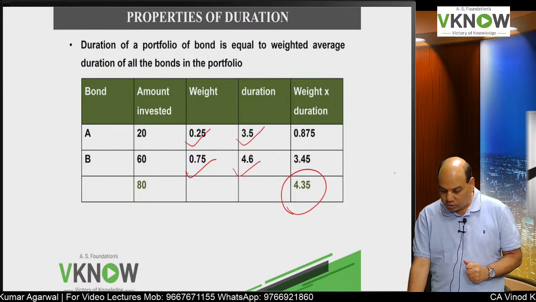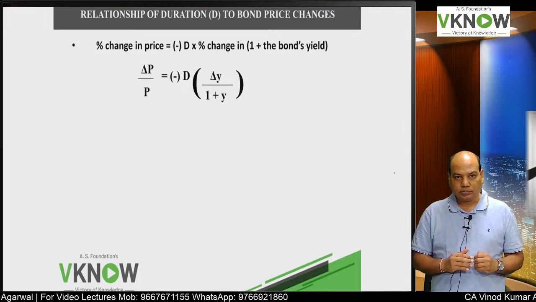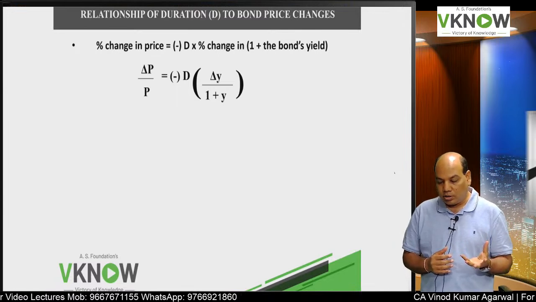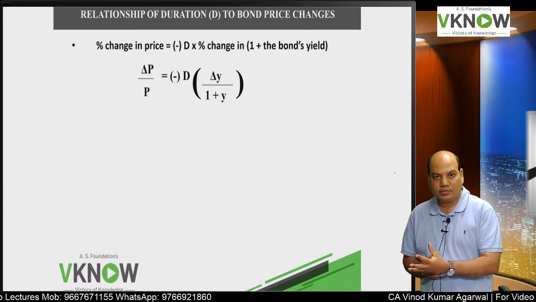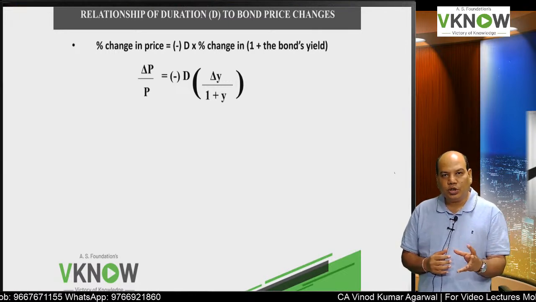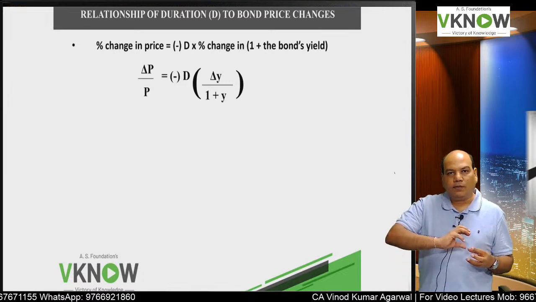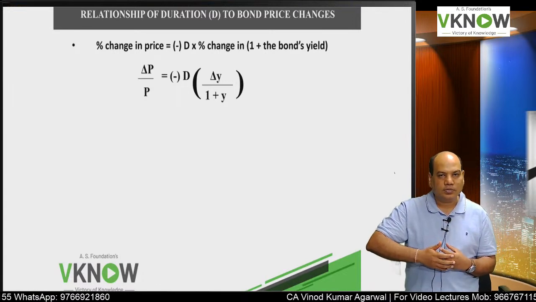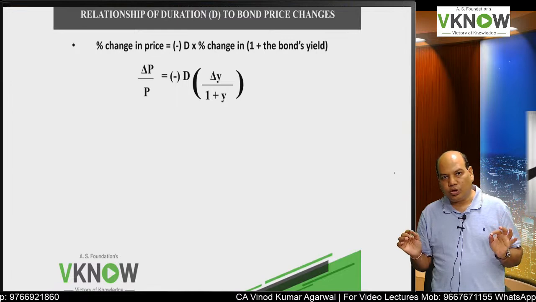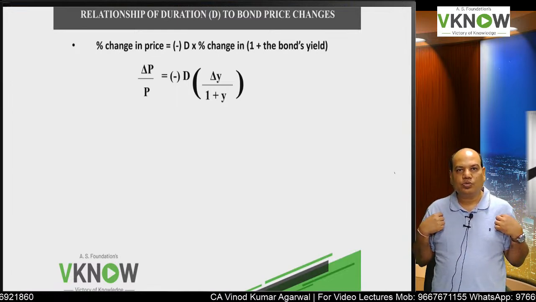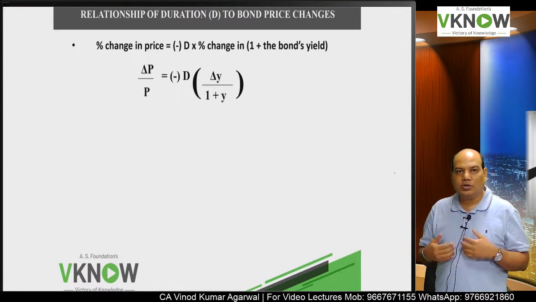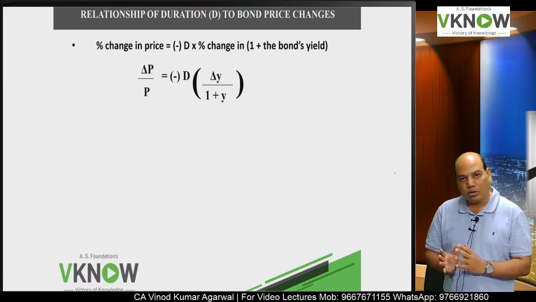Okay. Now the next thing we will learn is the relationship between duration and bond price changes. How the bond price will change if you know the duration of that bond. If YTM changes by 1%, by what percentage the bond price will change if you know the duration. So duration will help us calculate by what percentage the bond price will change for 1 unit change in YTM.